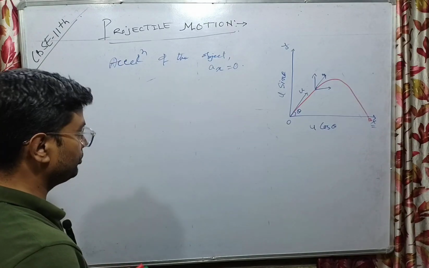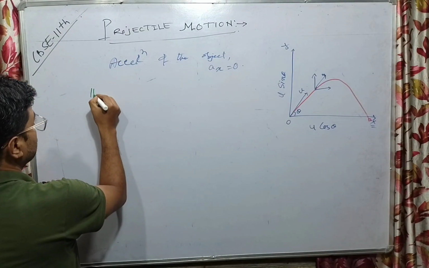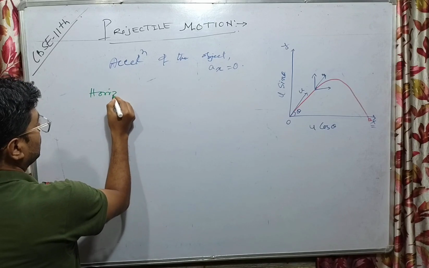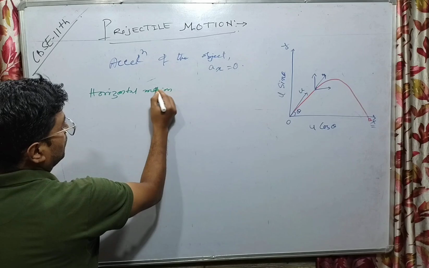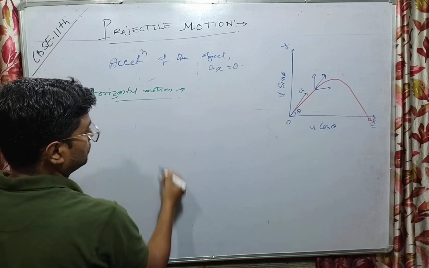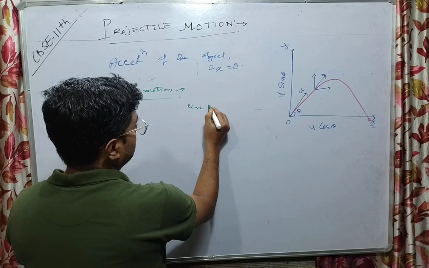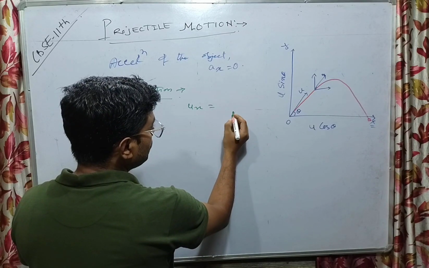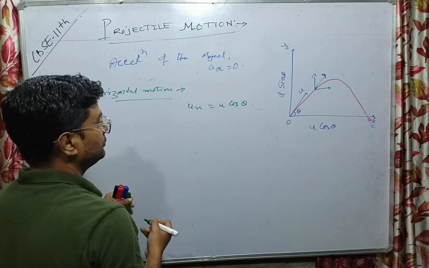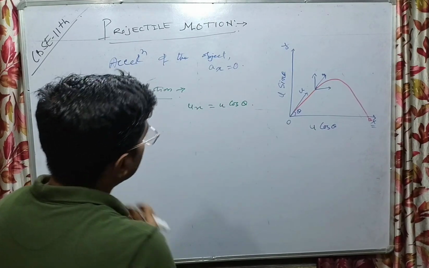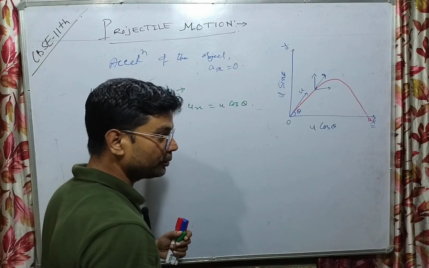So the horizontal motion of the object is ux equal to u cos theta.